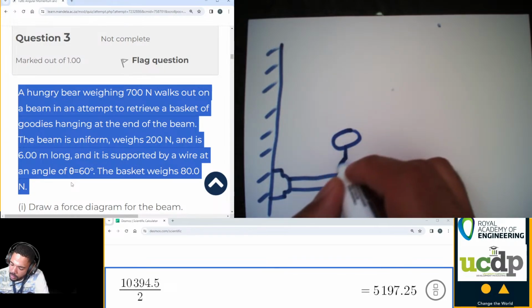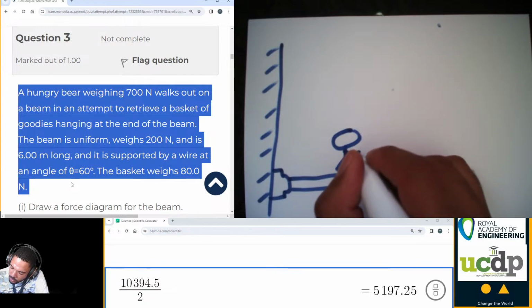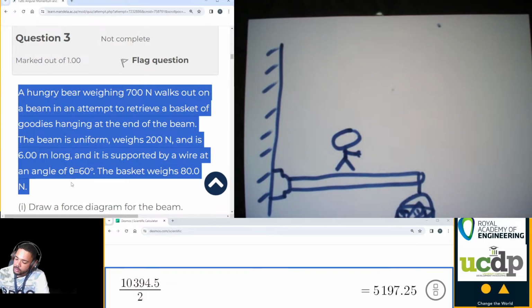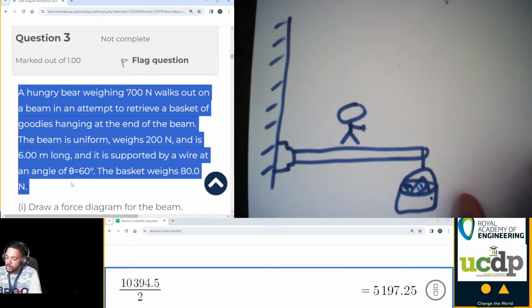This is a bear, not a human being. I'm going to draw its nails. It's a terrible bear, but pretend it's a bear. They say a hungry bear weighing 700 newtons walks out on a beam, and this bear is attempting to retrieve this basket.